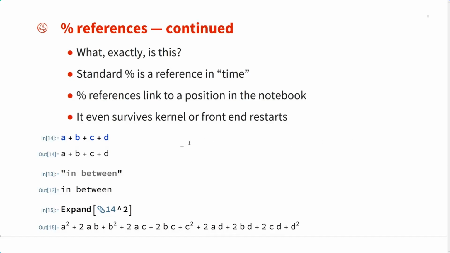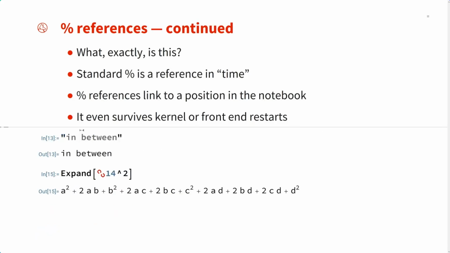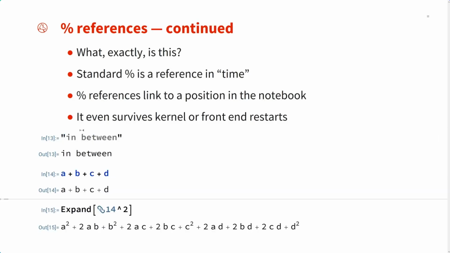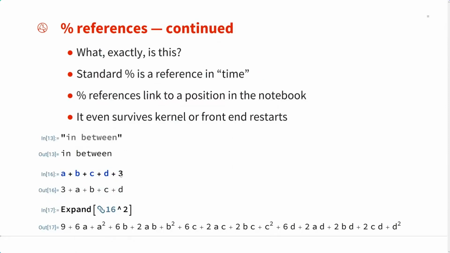And I can even cut it and paste it once, because that's like a move. If I made multiple copies, that's not a move any longer. But I can then change it again. There we go. And there we go. It's still linked up.